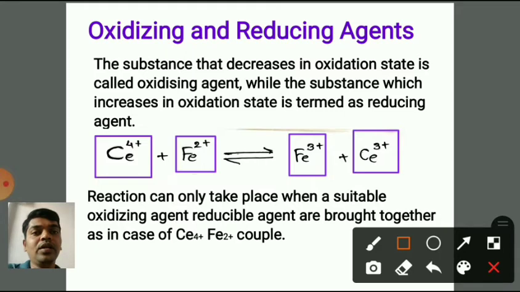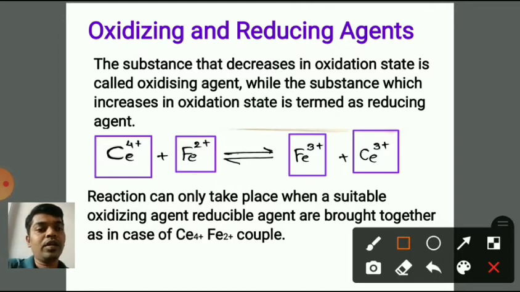So these are two different agents, in which the oxidizing agent decreases its oxidation state by 1, while the reducing agent's oxidation state increases by 1.